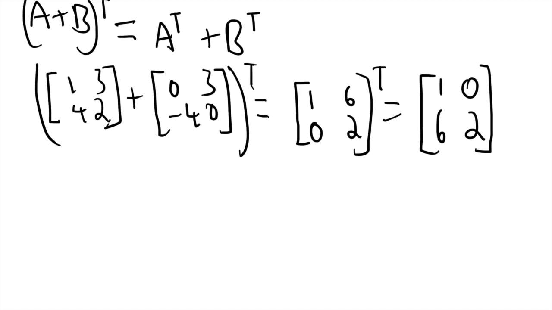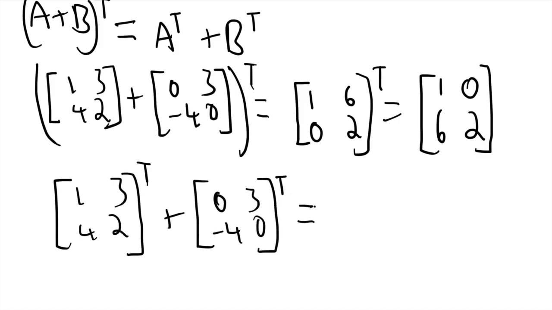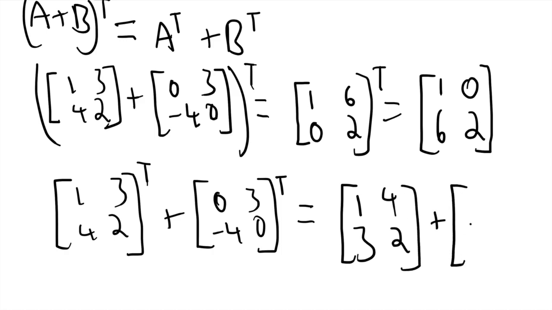If we instead use the right hand side instead of the left hand side, we will get [1, 3; 4, 2] transposed plus [0, 3; -4, 0] transposed. And this will be equal to [1, 4; 3, 2] plus [0, -4; 3, 0].